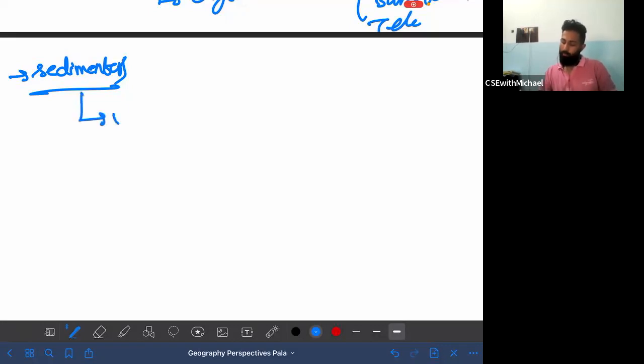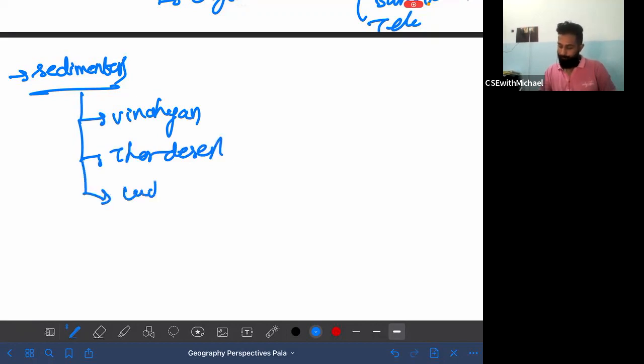So these include mostly the Vindhyan belt, which is sedimentary. The Thar Desert part is again sedimentary in nature. Similarly, the Kadapa Basin is again sedimentary in nature. So that's the way the lithology of our peninsula is arranged.